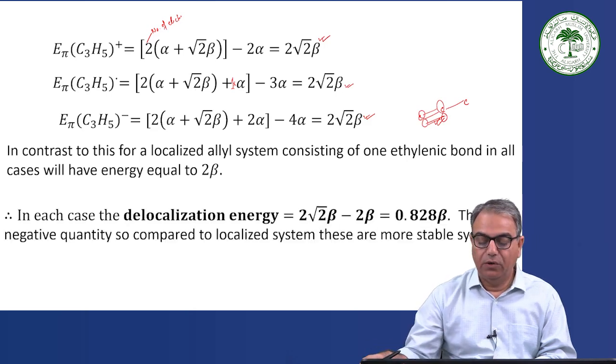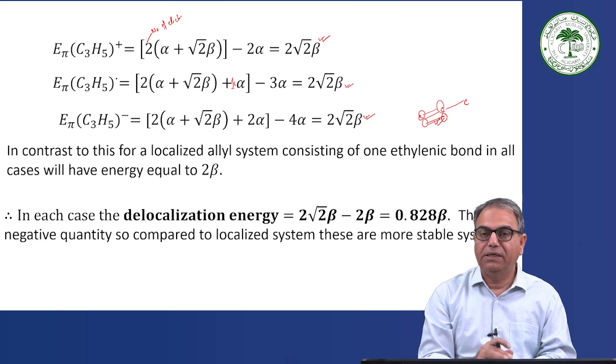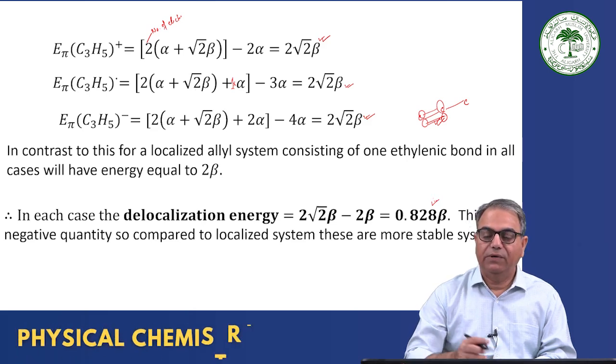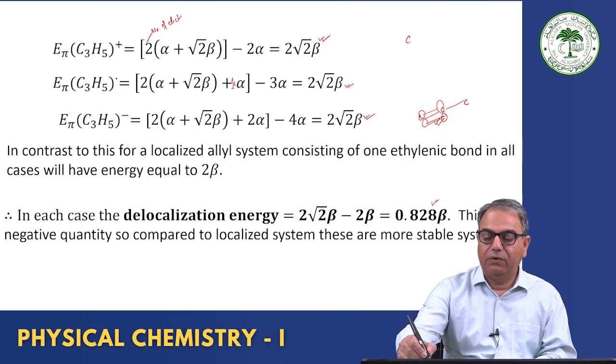Okay. So, the delocalization will improve the energy by 2 root 2 beta minus 2 beta. So, it will be around 0.2828 beta. Okay. Got this one? What I want to say is, we have just calculated E pi for the ethylene molecule. What was the energy?